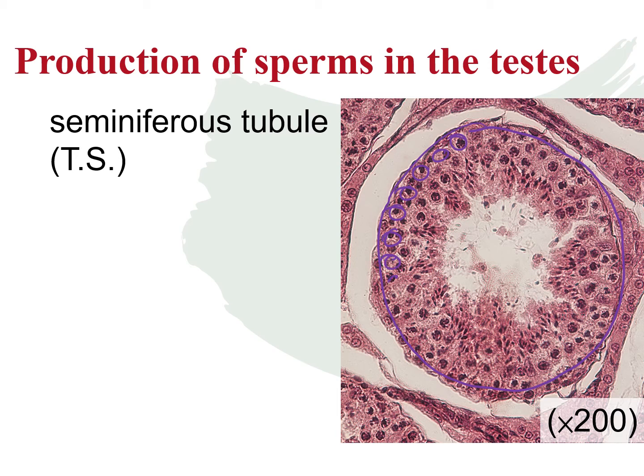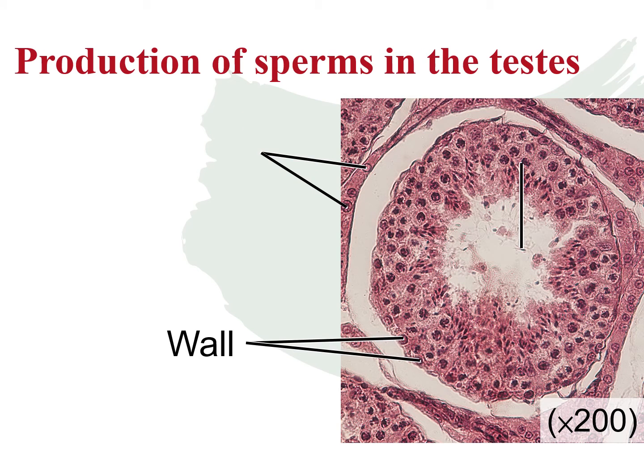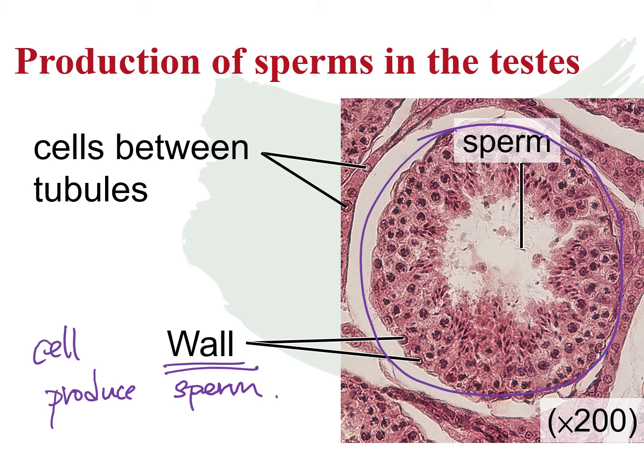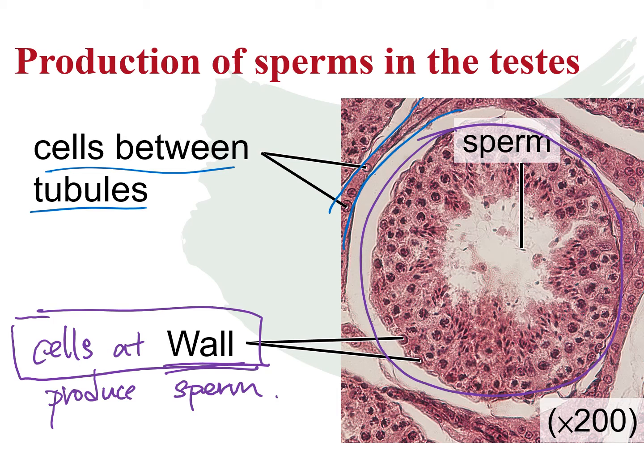Each of them is a tube. The walls of these tubules are important for producing sperm. The cells at the wall are important for producing the sperm, while the cells at the edges, between the tubules, are important for the production of male sex hormone.